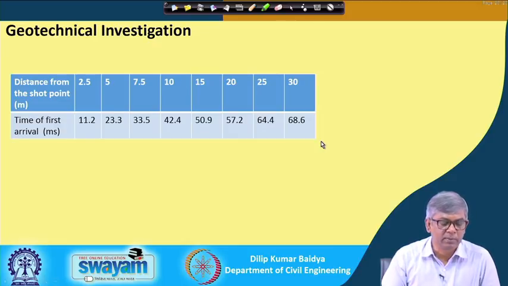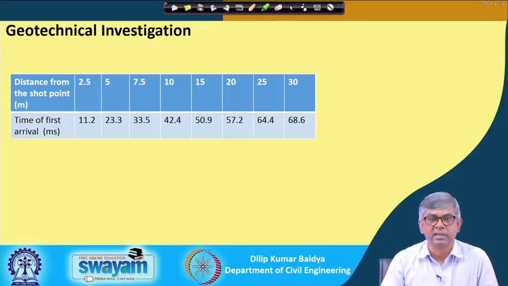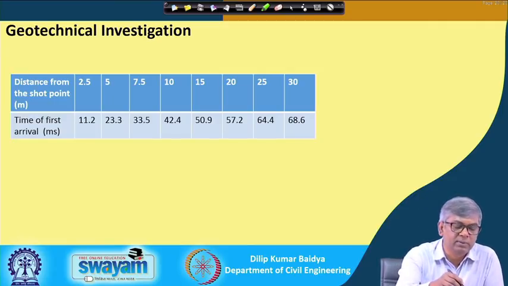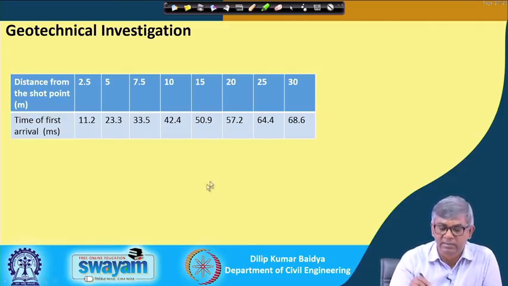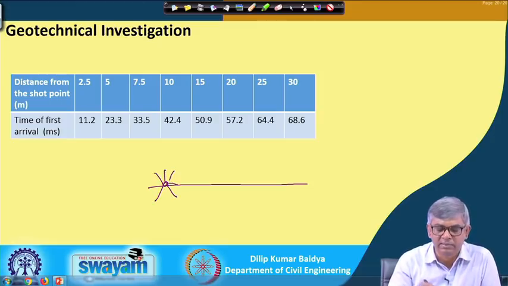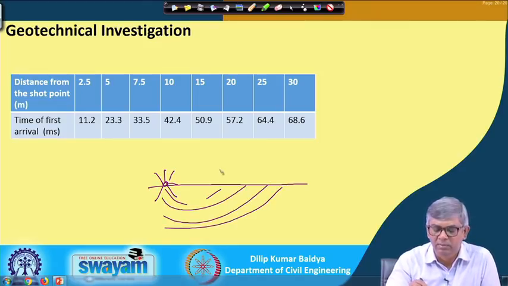So, this is the problem. Suppose the data is like this. One set of data is given: the distance from the shot point. As I mentioned, you have the source somewhere here, and some waves are generated and then they move like this. There are receivers, and if there is a layer, then it will go like this.